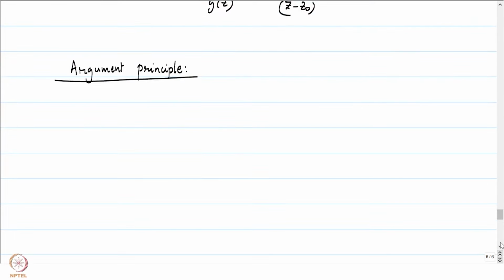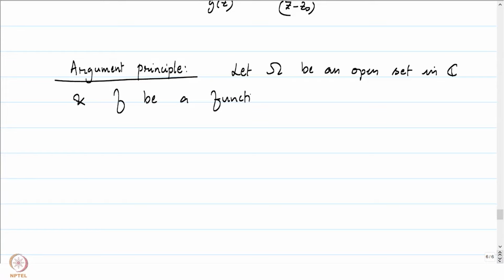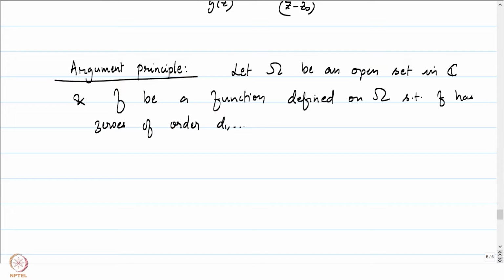Let omega be an open set in C, and f be a function meromorphic on omega, such that it has zeros of certain orders at z1, z2 up to zn, with orders d1 to dn.